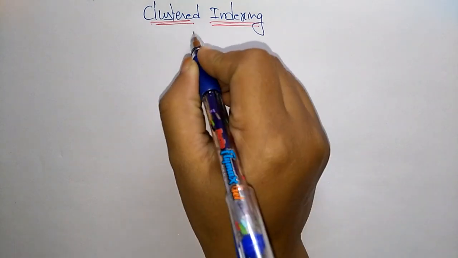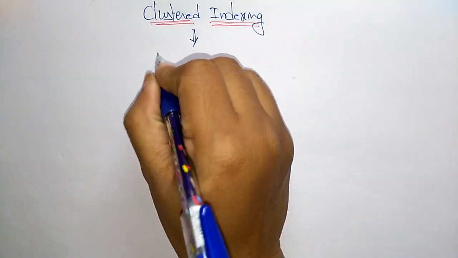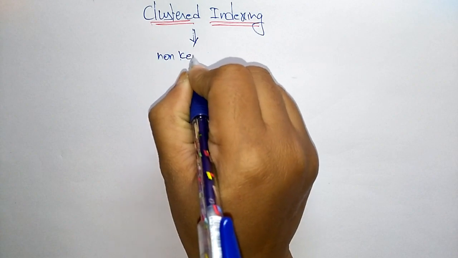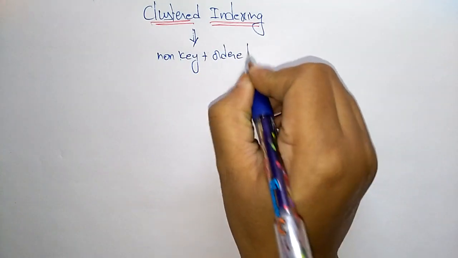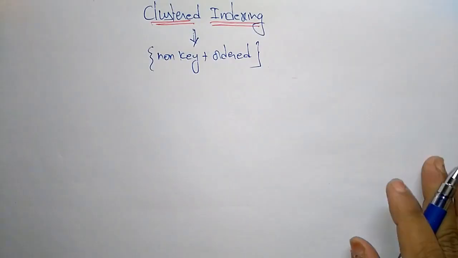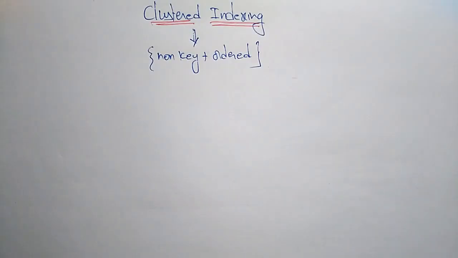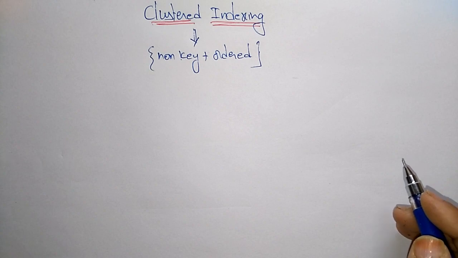In the same way, the clustered index is on a non-key field, plus it should be ordered. Primary indexing should be ordered, and clustered indexing is also on a data file that the database is accessing, so that file should be ordered.